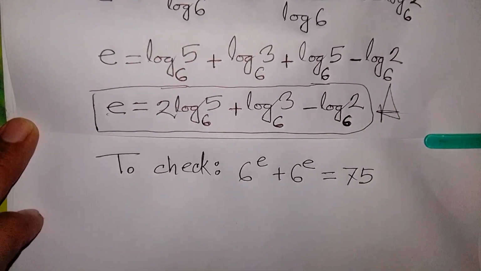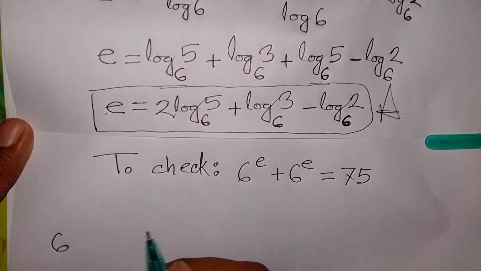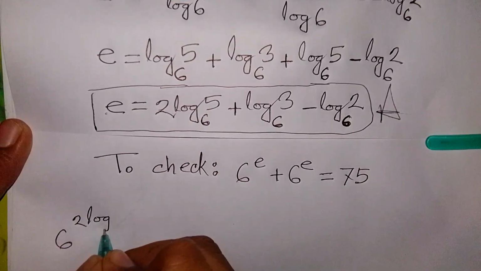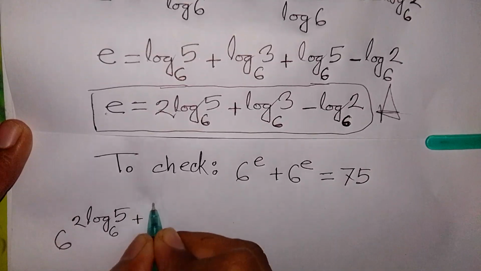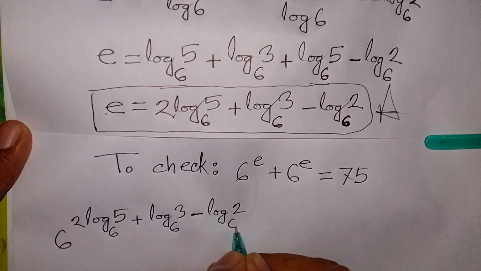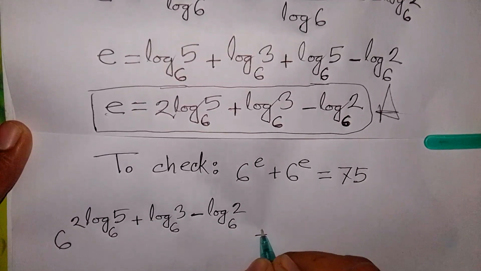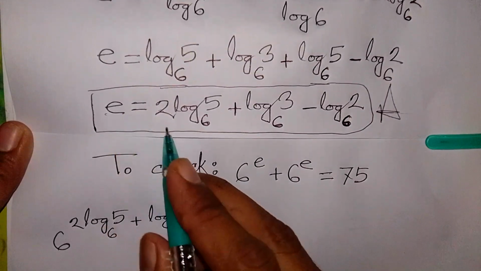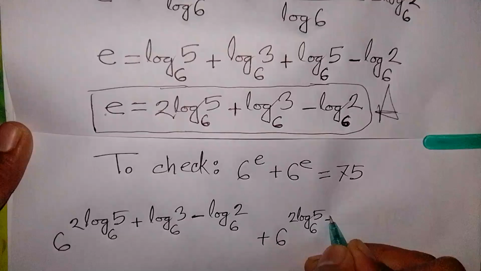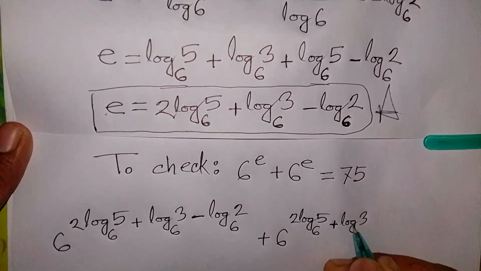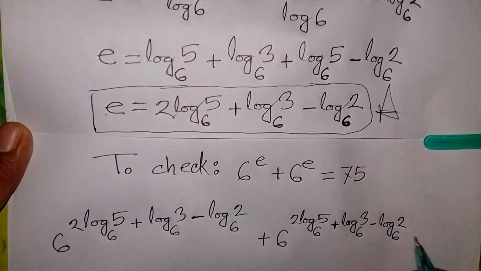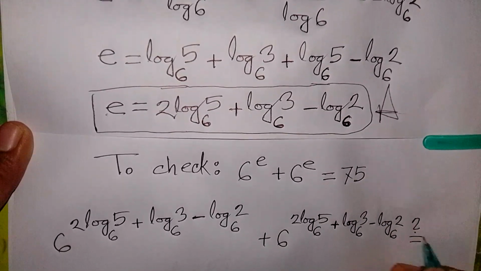Now 6 power of a, the value of a, which is this: 2 log 5 base 6 plus log 3 base 6 subtract log 2 base 6, then here plus 6 power of a, that means the value of a, which is this: 2 log 5 base 6 plus log 3 base 6 subtract log 2 base 6. Is it equal to 75?